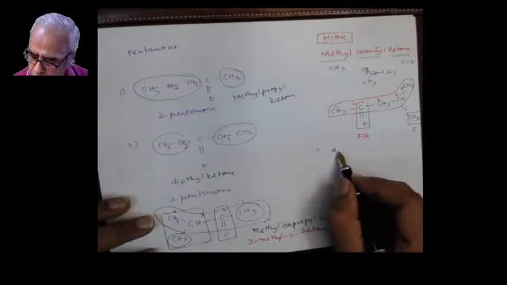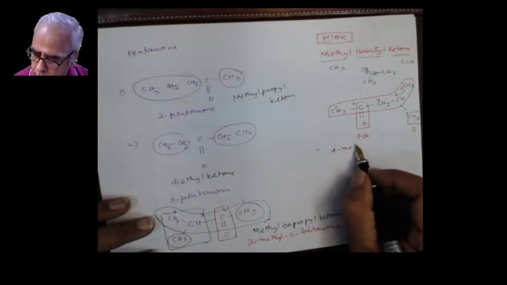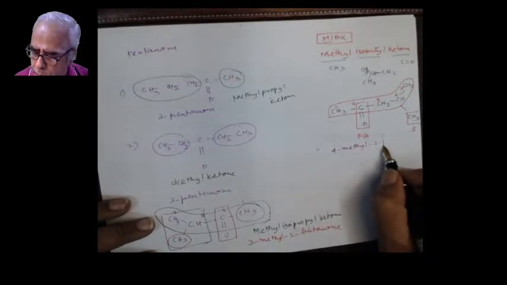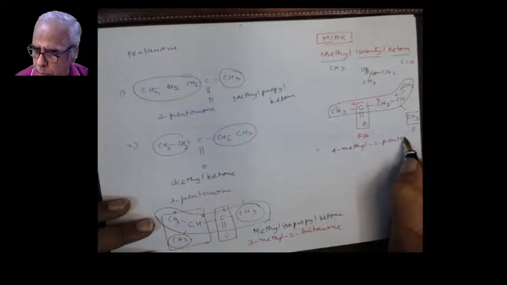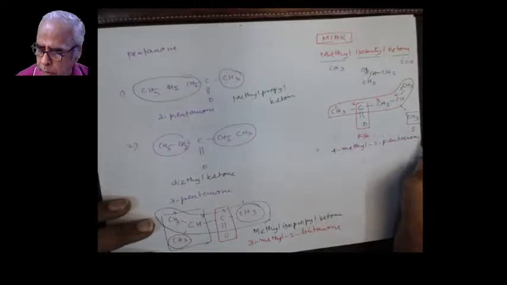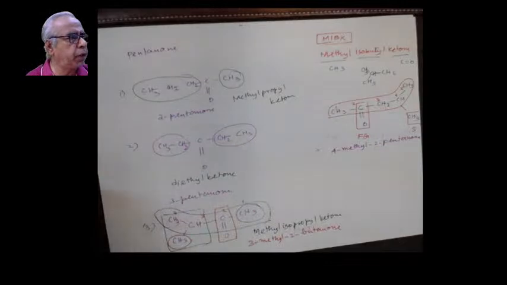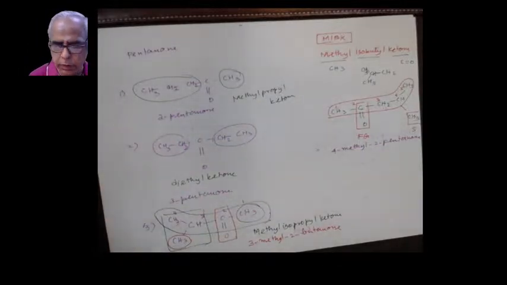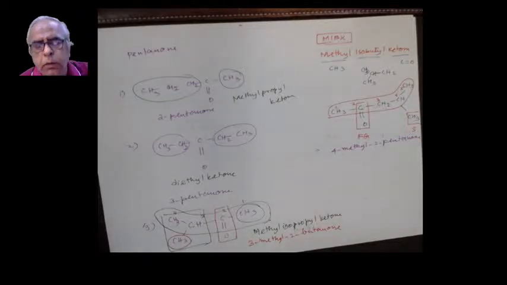Are you able to follow? 4-methyl-2-pentanone. Okay, so this is the way you should be able to derive the structure as well as the IUPAC name, vice versa. Clear?